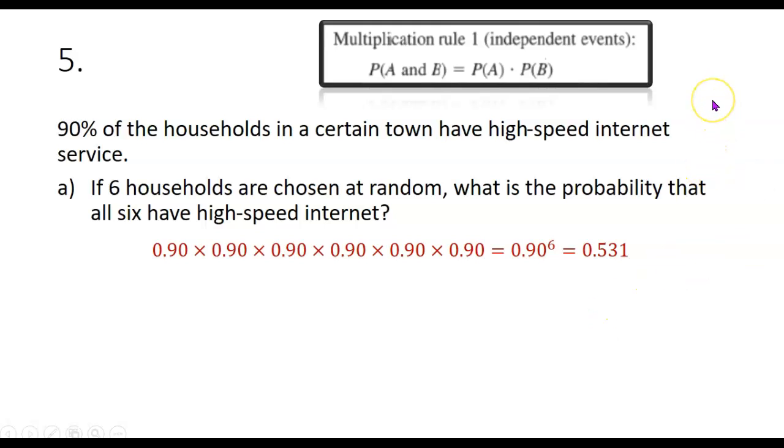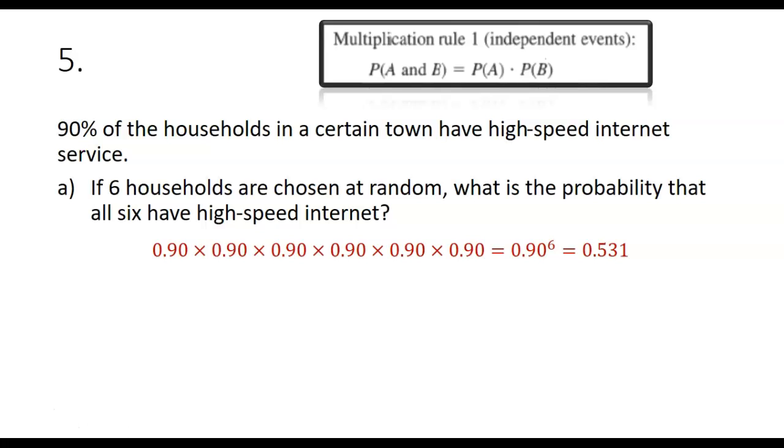The other way I can think of to answer this question is to treat it as a binomial probability question. There are 6 trials, 6 households that we select, and each one of them might or might not have high-speed internet. For each one, the probability that it does is 90% or 0.90.